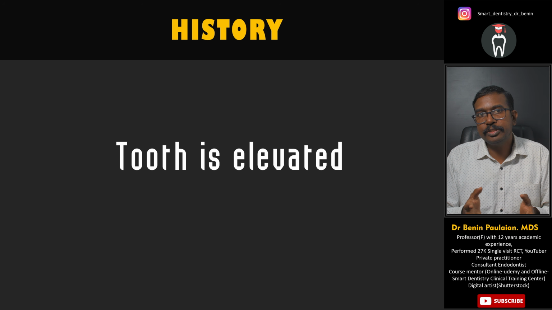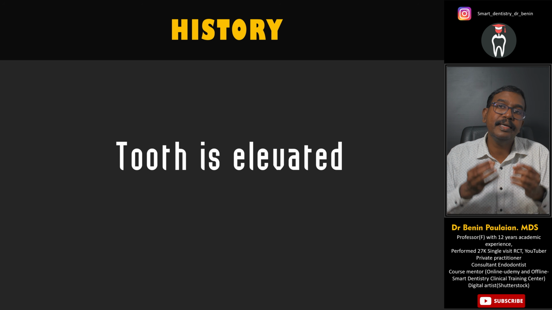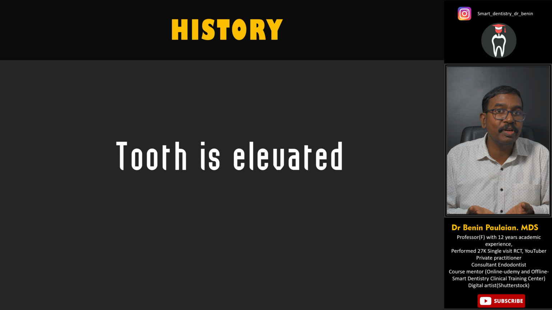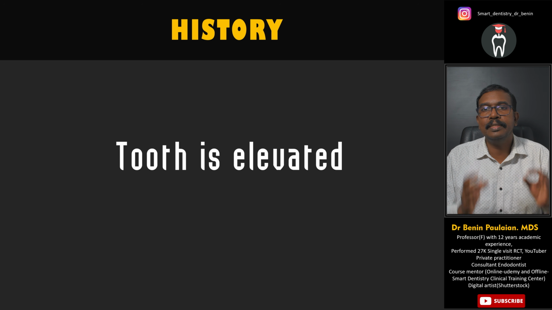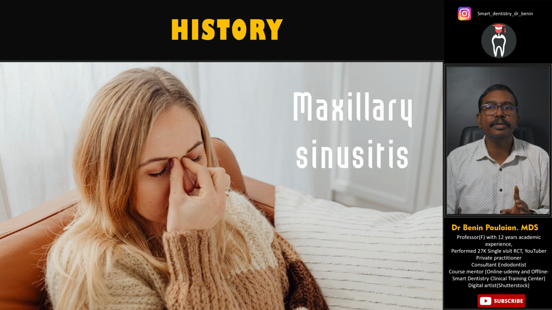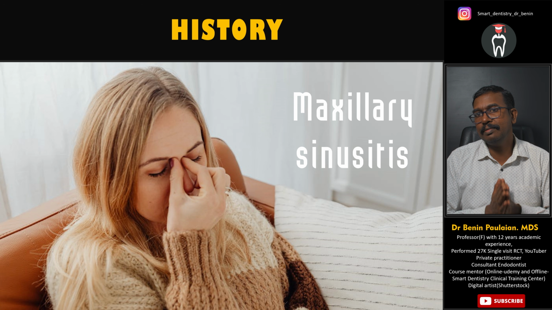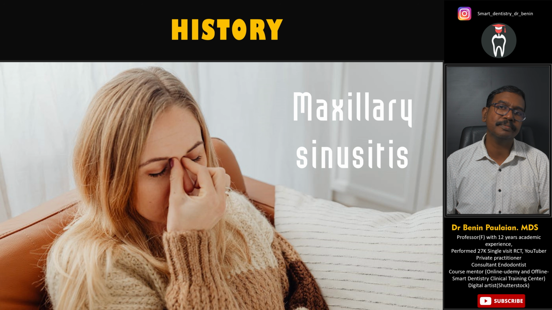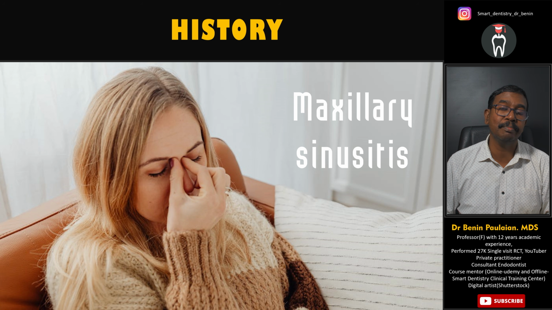A non-vital tooth can become mobile and elevated, and whenever they are chewing, that tooth will be the only tooth which comes in contact prematurely during occlusion, and this is an important aid in making a good diagnosis.